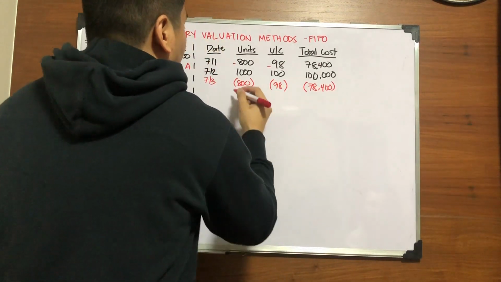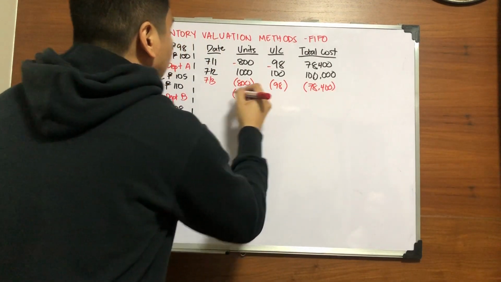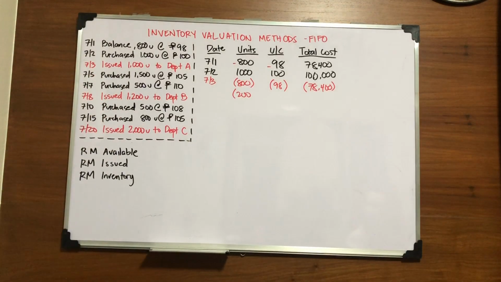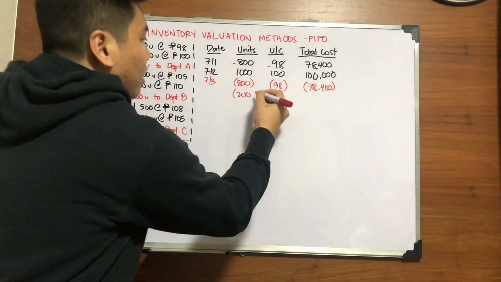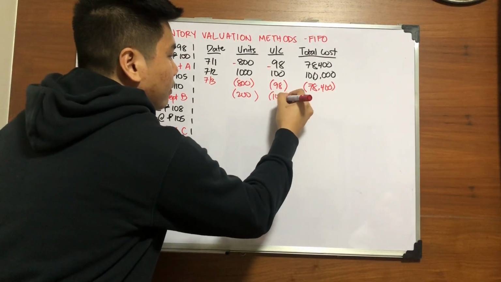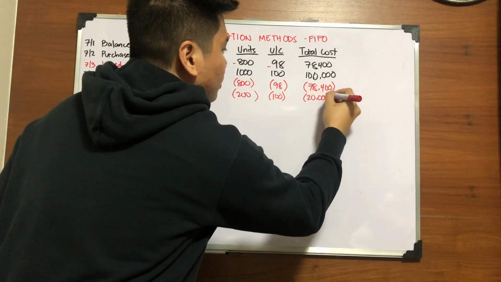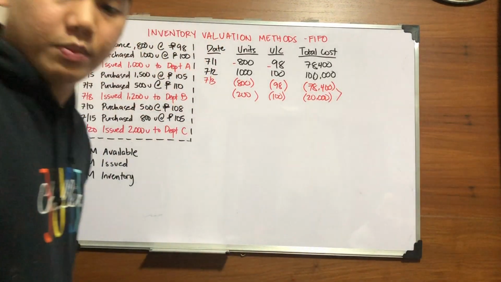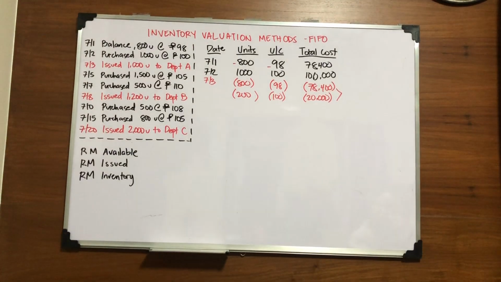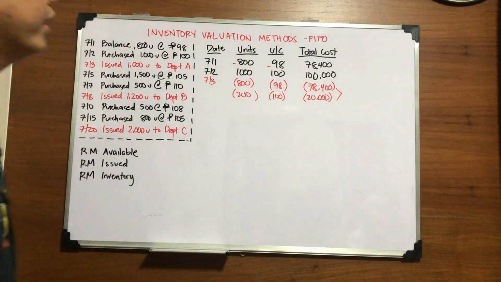And then the remaining 200 out of the 1,000, I would get at the unit cost of the July 2 transaction, which is 100 per unit. That would give me 20,000 pesos. The total would be 78,400 plus 20,000, which gives you 98,400.